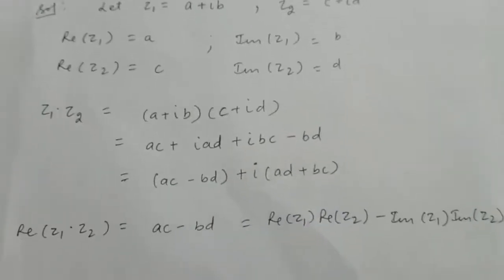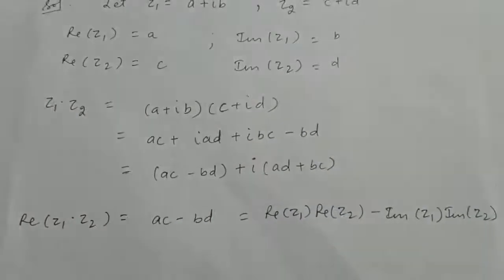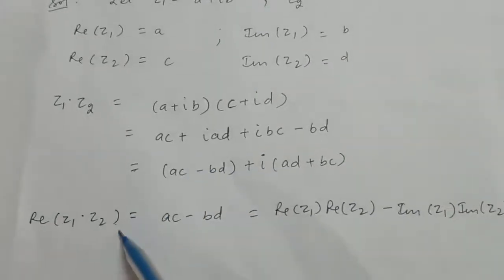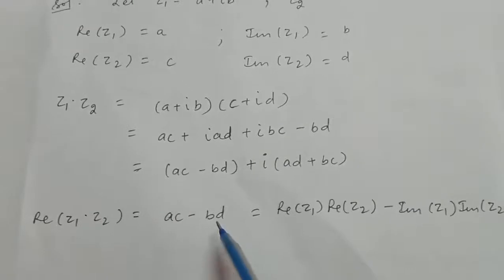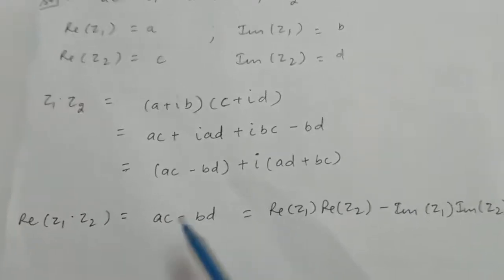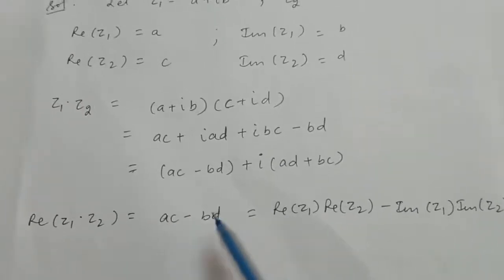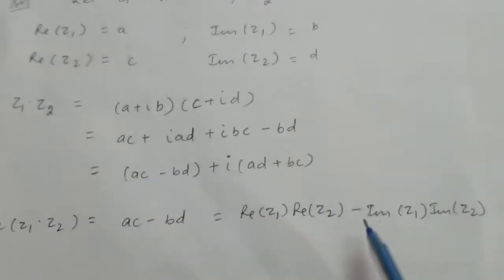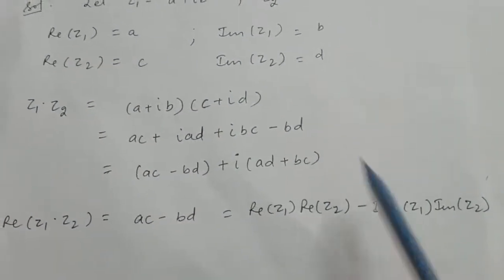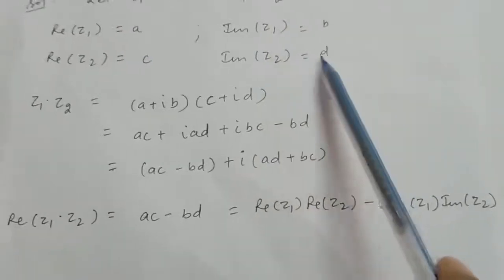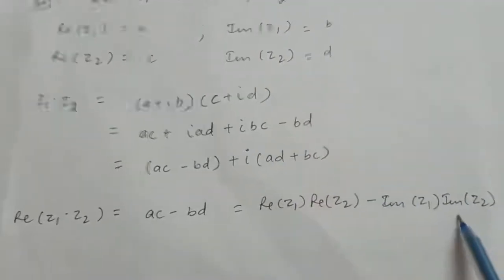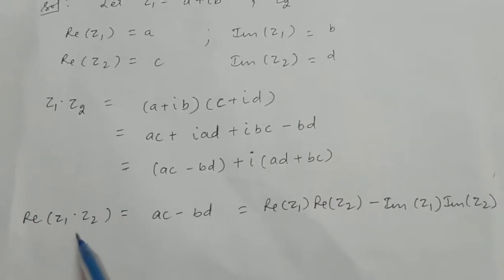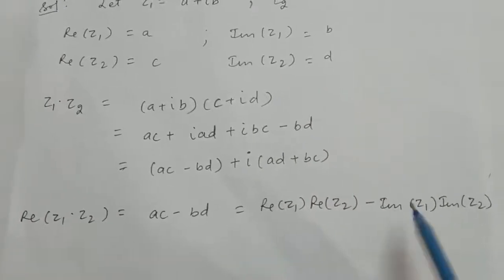Now we want the real part of z1 z2. So the real part is this one. So the real part of z1 z2 is ac minus bd, where a is the real part of z1, c is the real part of z2, minus b is the imaginary part of z1 and d is the imaginary part of z2. So this is only what we wanted to prove, right?